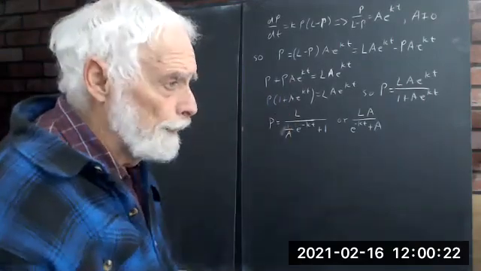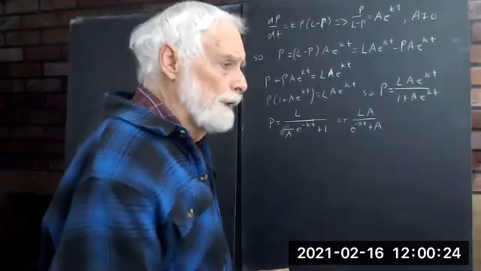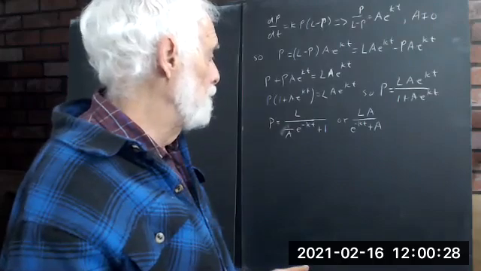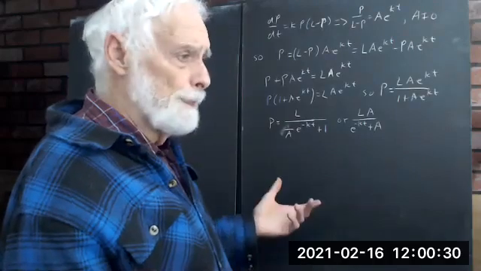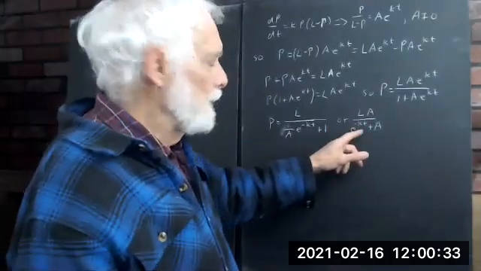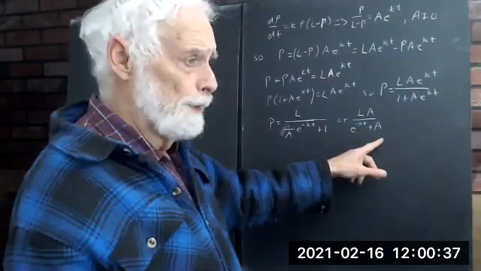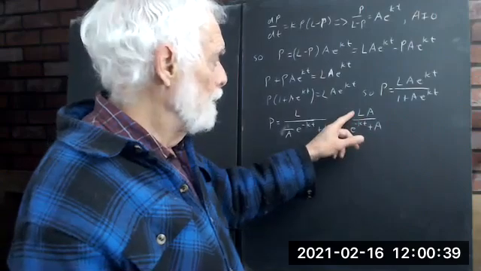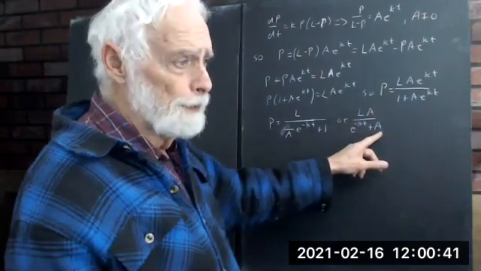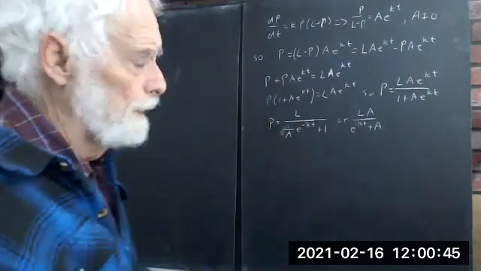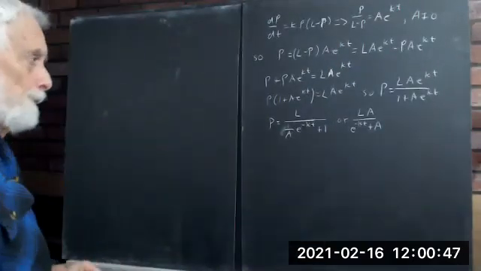In this form, it's a little less obvious, except that e to the negative KT is going to approach 0, so your denominator is going to approach A. So when you divide LA by something that approaches A, you're going to approach L. So either way, you have a solution.